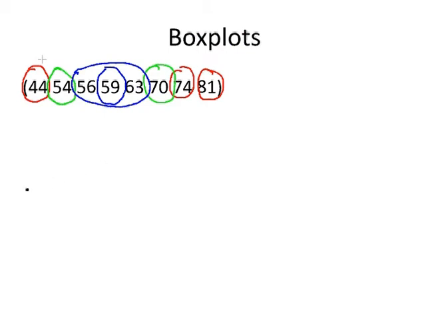So first off, I'm going to draw a little number line here, in black. It's probably best practice to draw this as a dotted line because it's not part of the graph, but we'll proceed with it for the time being.